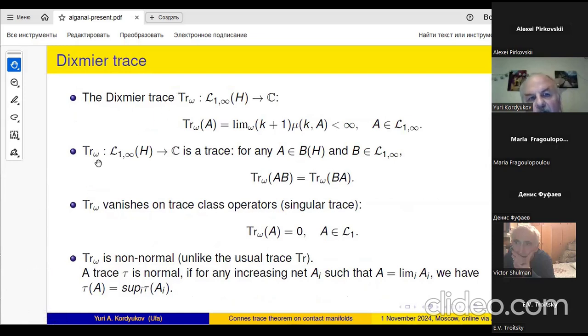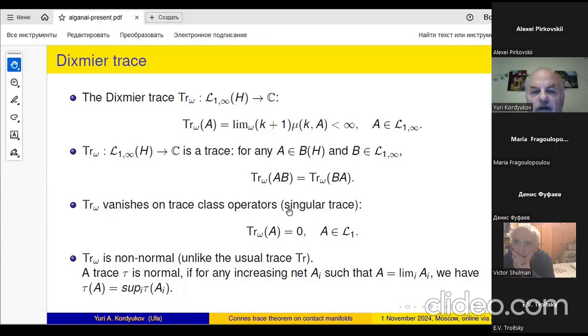So this functional now is a trace: trace of AB equals trace of BA. This is very good. But then this trace really lives on a different class of operators than the usual trace. So each functional like this I call a Dixmier trace. Each Dixmier trace vanishes on trace class operators.